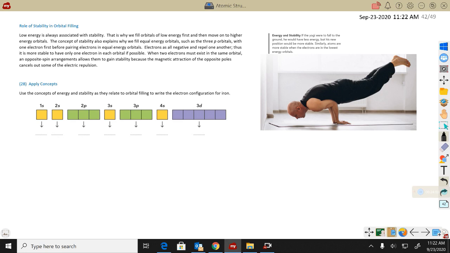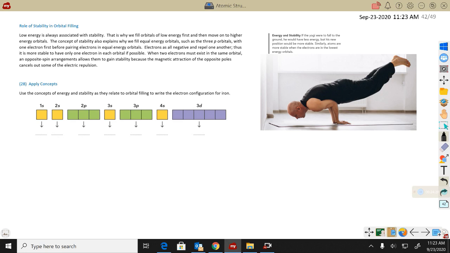D's, there are 5. Notice that, you know, we would go first 1s, then 2s, then 2p. That's it for the second energy level. We usually think we should then go 3s, 3p, 3d, but they've snuck the 4s in there on you. It's okay. We'll deal with that in a little bit.